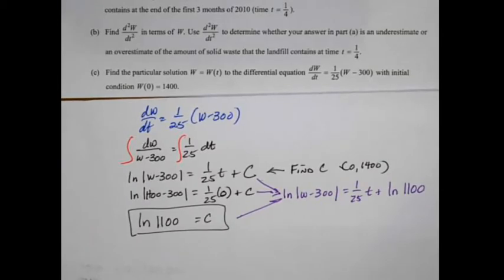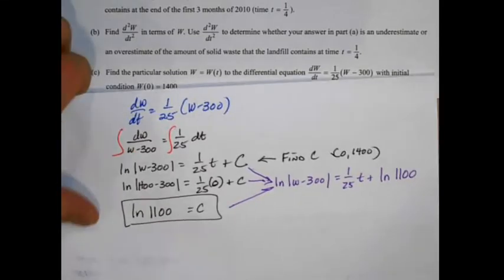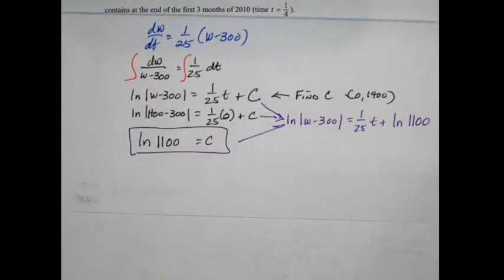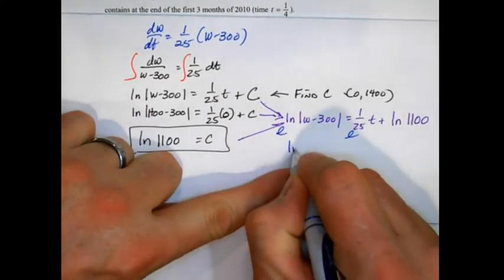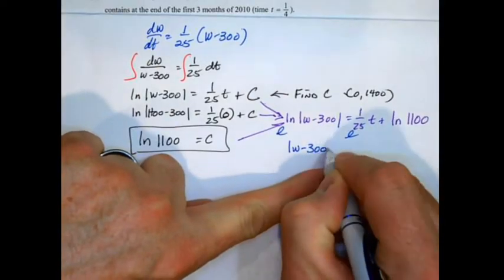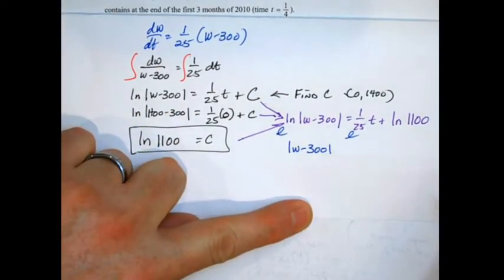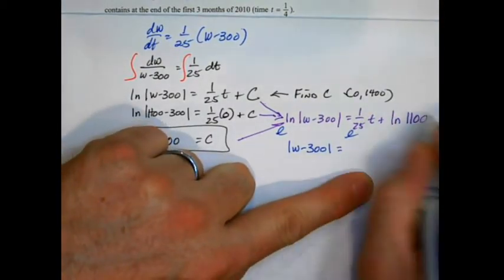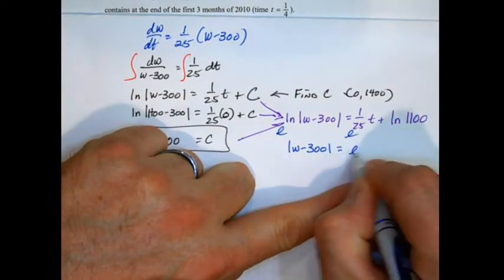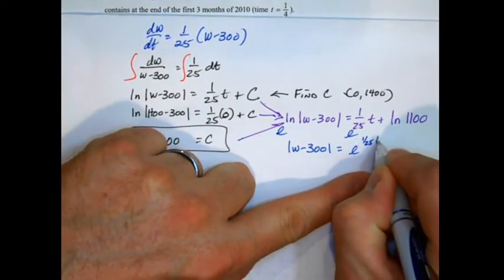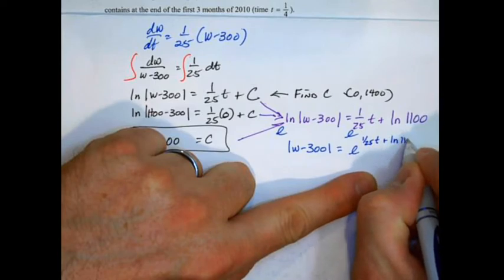So when I take this, what I have to do is take the natural exponent of both sides, and these powers, this becomes W minus 300, and essentially we can get rid of the absolute value because that's always going to be positive no matter what. What happens here is that with the plus, we're going to have e to the 1/25th t plus natural log of 1100.